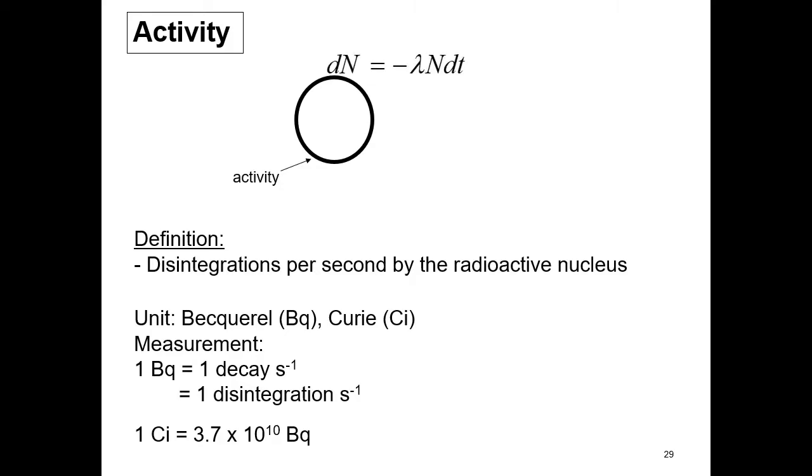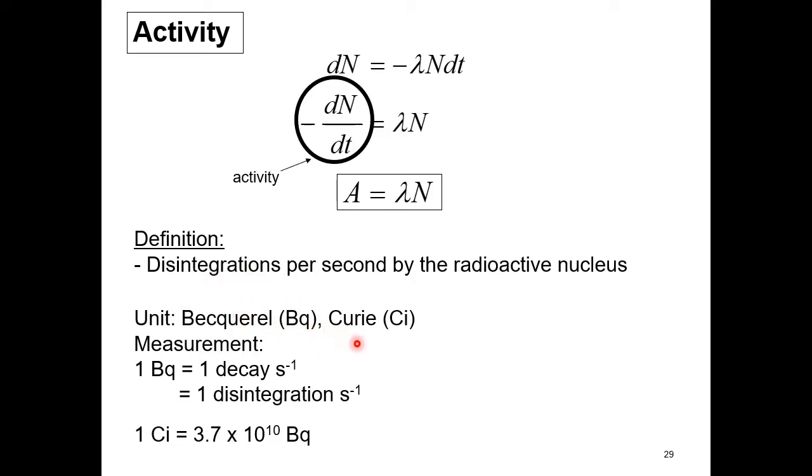Just now, I showed you dN is equal to negative lambda N dt, and negative dN over dt is equal to lambda N. If you look at here, negative dN over dt is referred to as the activity, which is also equal to lambda N. And we can define the activity as disintegrations per second by the radioactive nucleus, and the standard unit for activity is the becquerel.